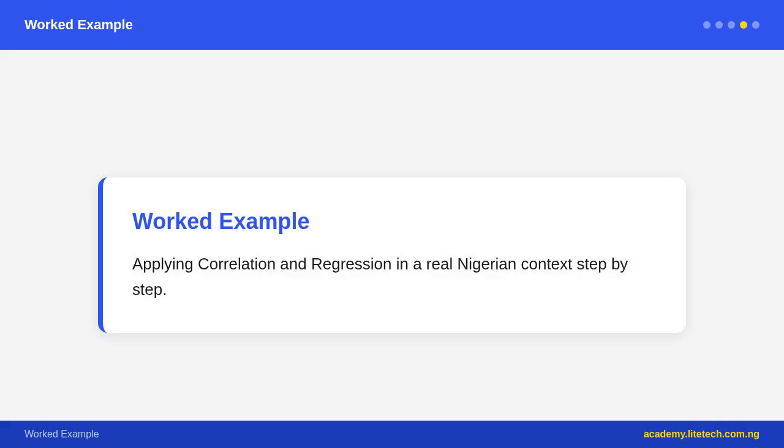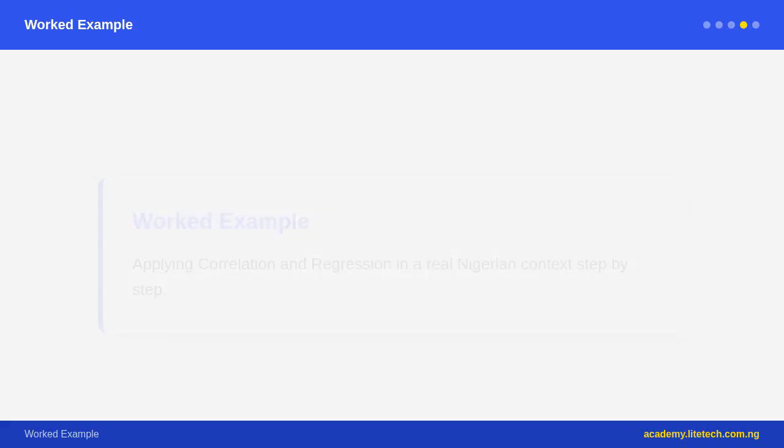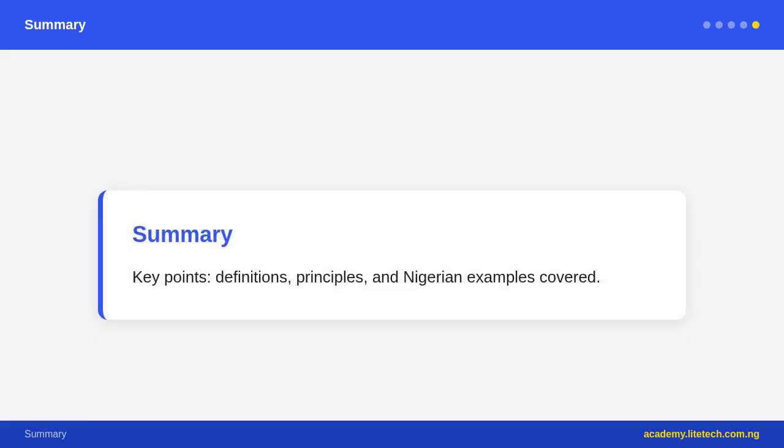Critical value for a two-tailed 5% test: t(0.025, 18) equals 2.101. Since 3.18 is greater than 2.101, reject H0. Conclusion: significant evidence of linear correlation between the two variables.